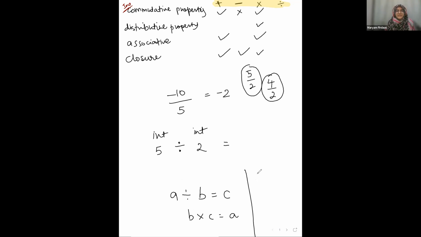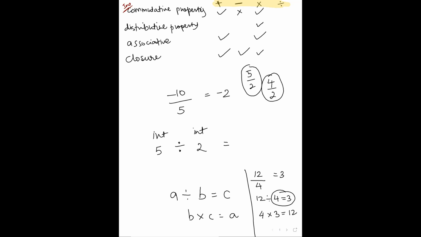When I say 12 divided by 4 is equal to 3, that means 4 multiplied by 3 will give you what? 12, right? 12.